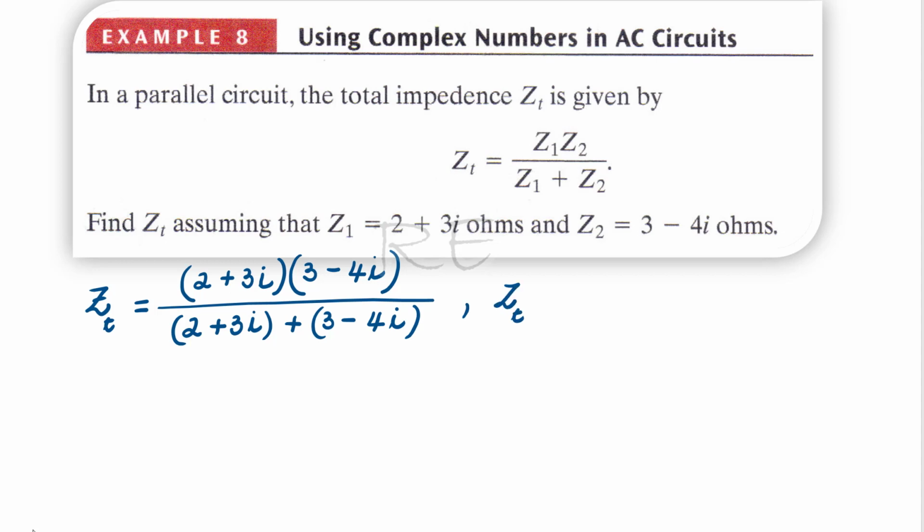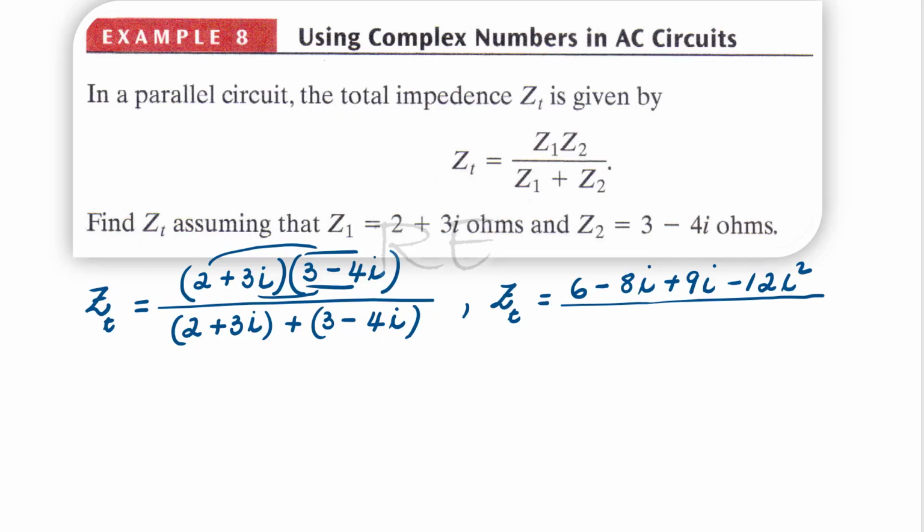We're going to multiply the numerators, and 2 times 3 will be 6, and 2 times negative 4i, negative 8i. 3i times 3 will be 9i, and 3i times negative 4i, negative 12i squared.